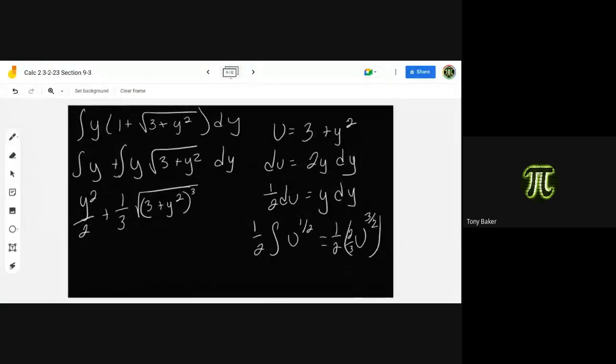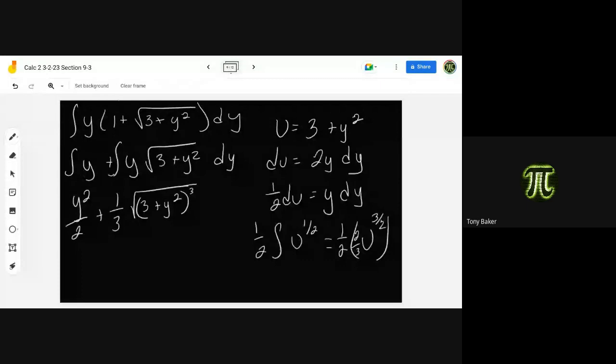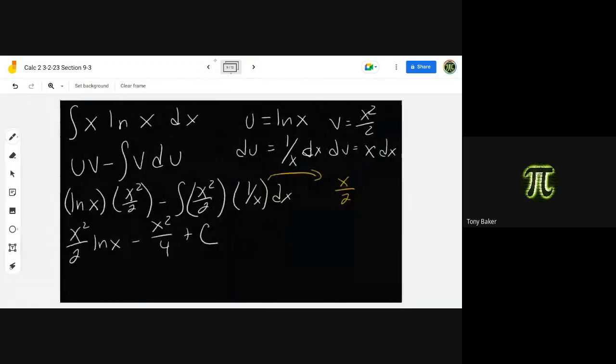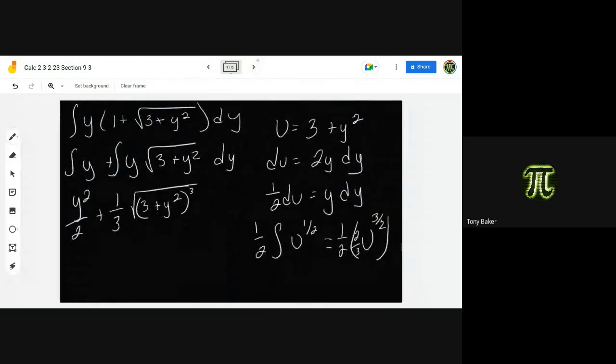All right, we're not done. We've done the integral of both sides, but now I got to put it all back together. So we had, what was it? Squared. No, it was a square root cubed. But you were the other.